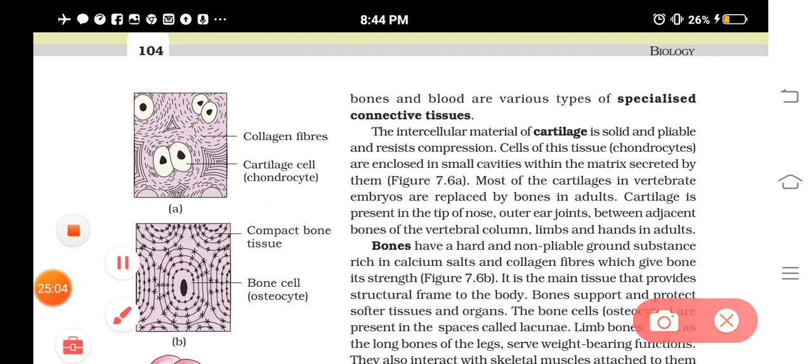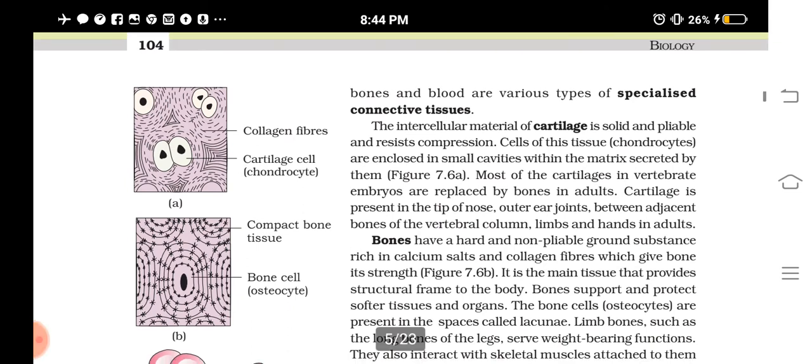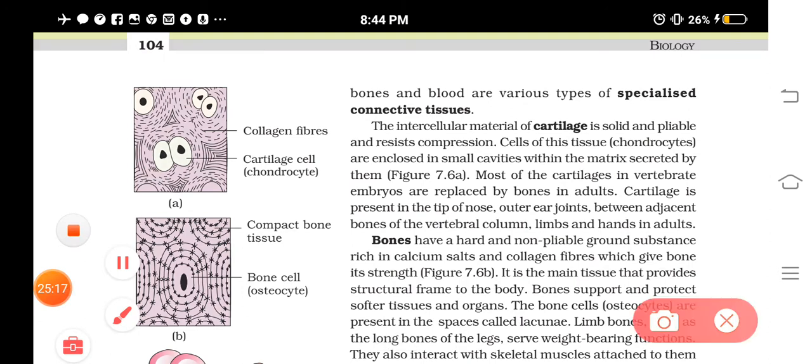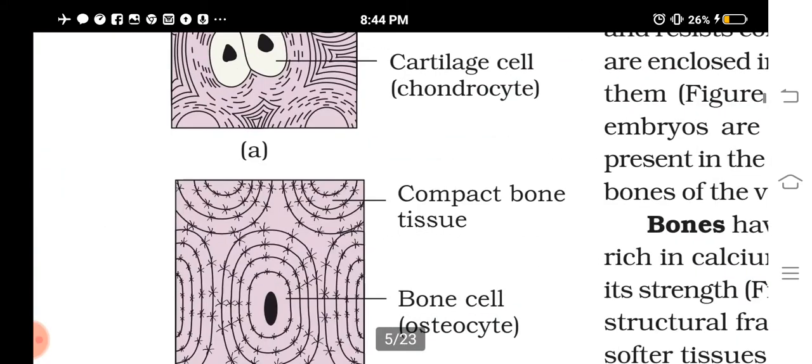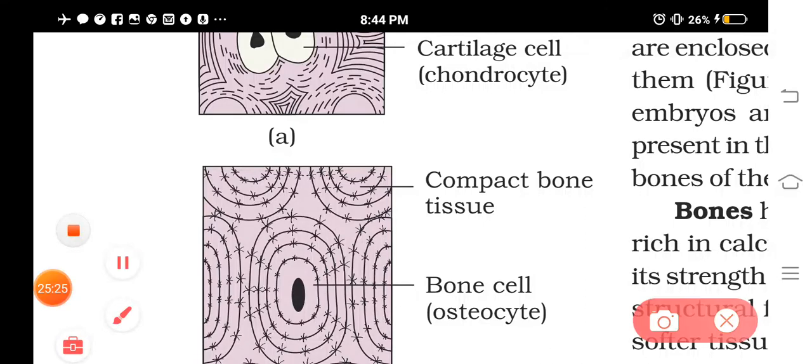These osteocytes are present in the spaces called lacunae. So you can see here this cut-like structure; these are actually the spaces in which you can see the osteocytes.